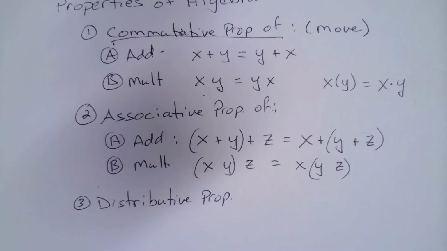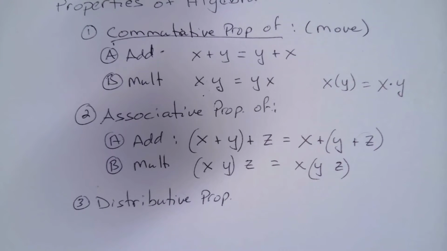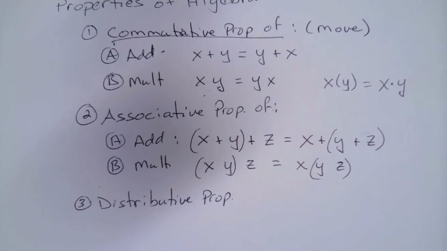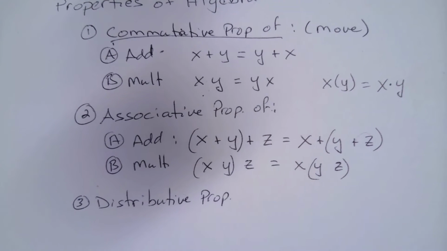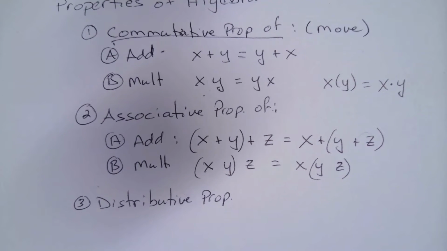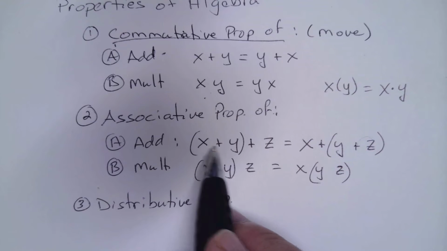You read left to right, like a sentence. Because remember, math is a philosophy, it's a logic. So when you read a math statement, you read left to right. So all this does is tell us which ones we have to do first. We do x plus y first, and whatever that sum is, then we add it to z.